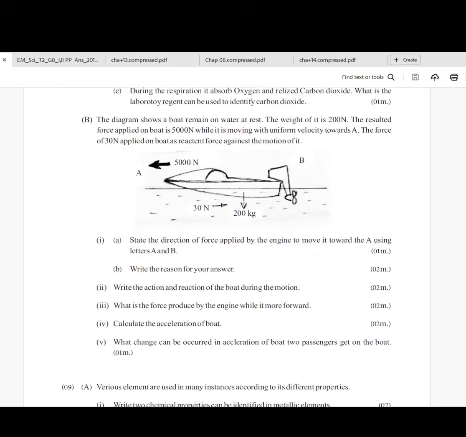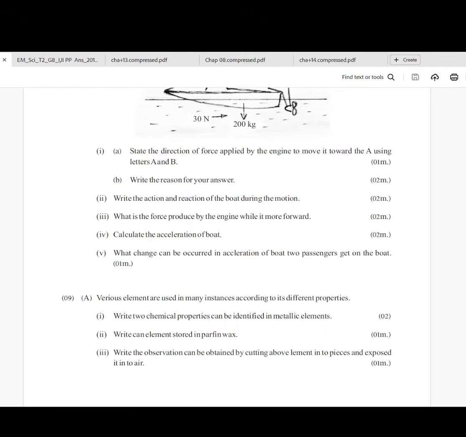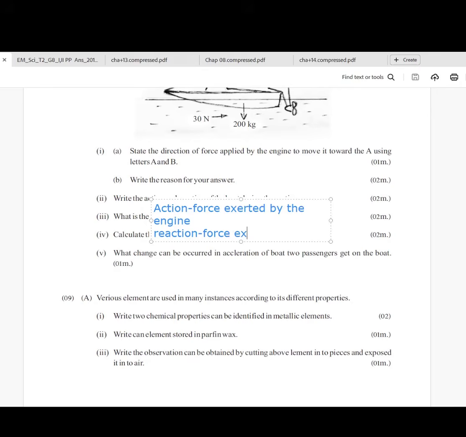Write the action and reaction of the boat during the motion. Action: force exerted by the engine. Reaction: force exerted by the water on the boat.